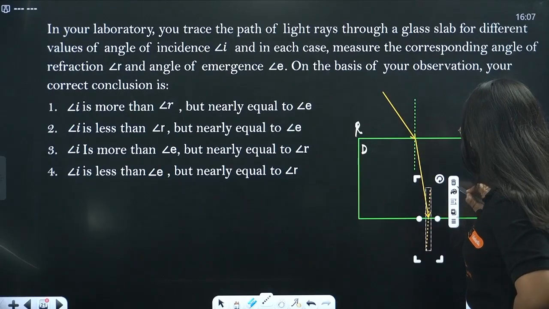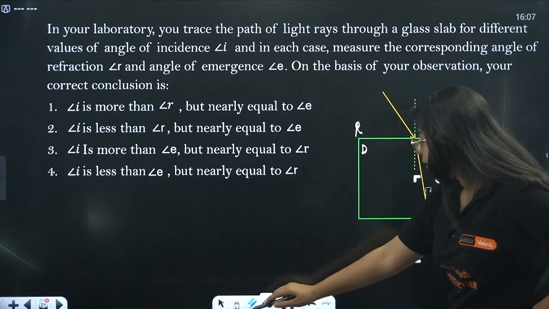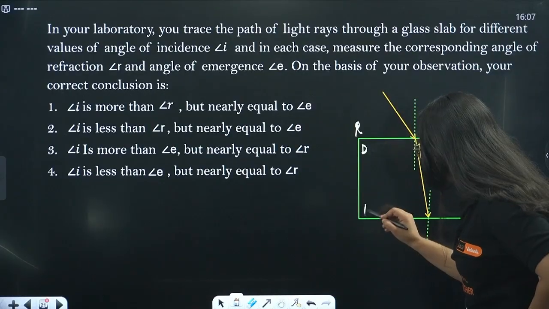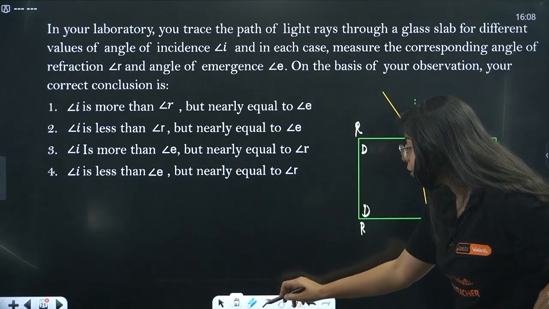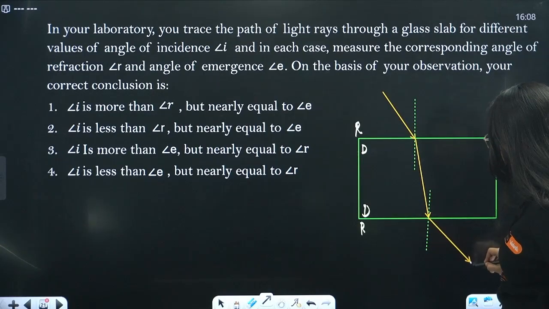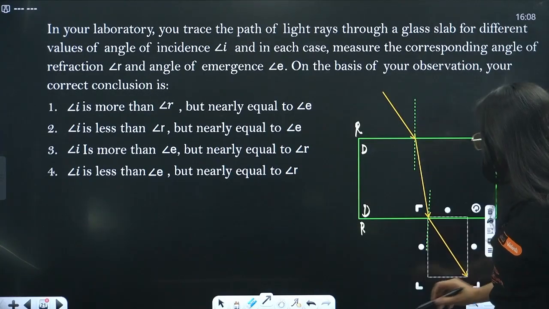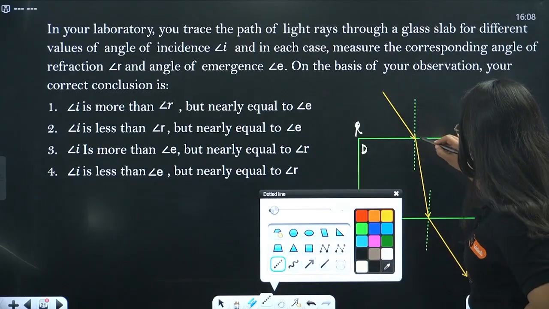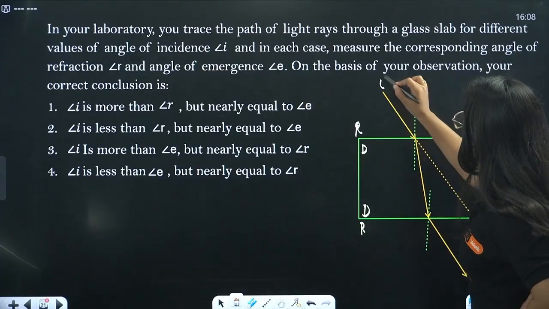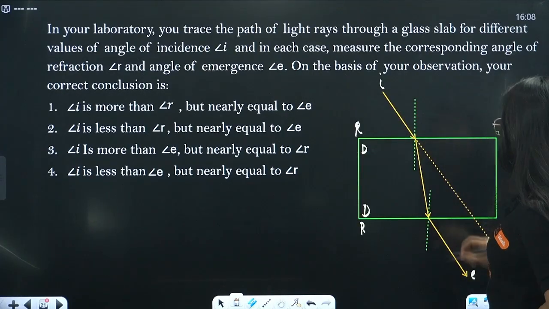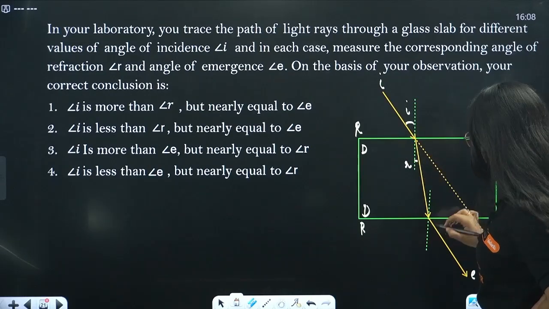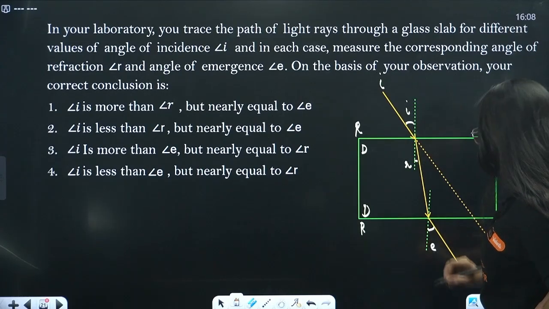After this ray comes out, it is going from denser to rarer, so it will bend away from the normal. And if you extend this ray, the incident ray and the emergent ray are parallel. This is your incident angle, this is your refracted angle, and this is your emergent angle.